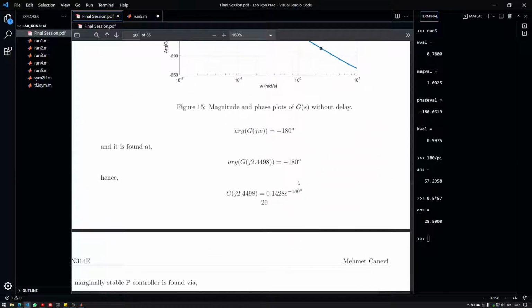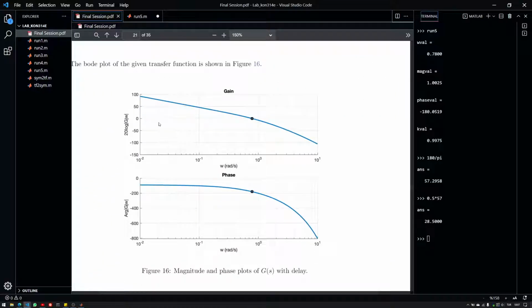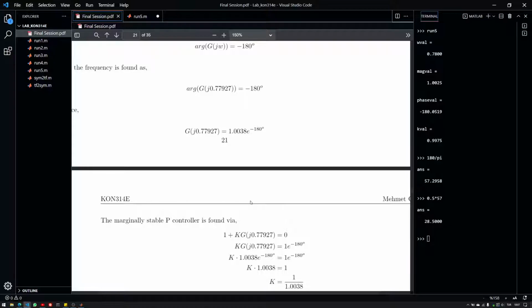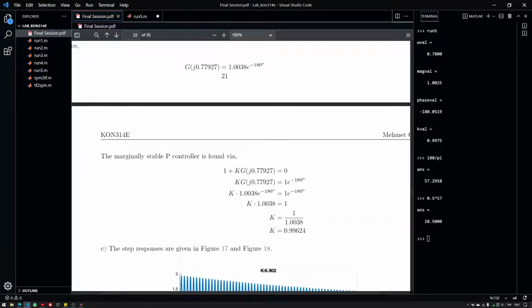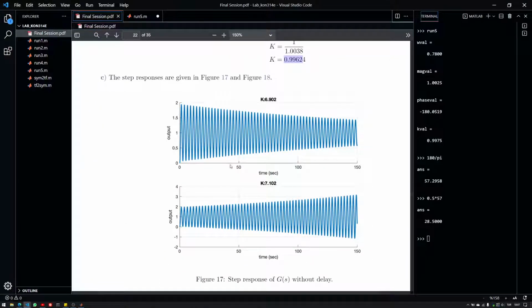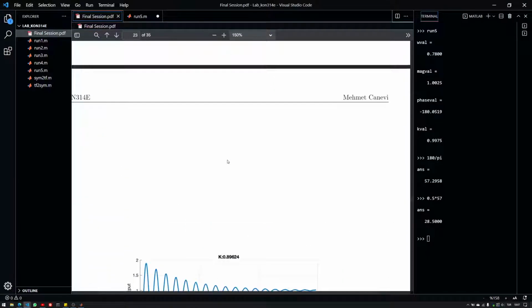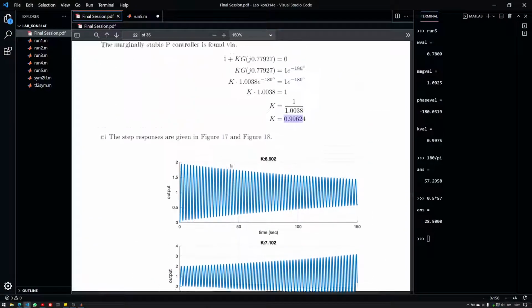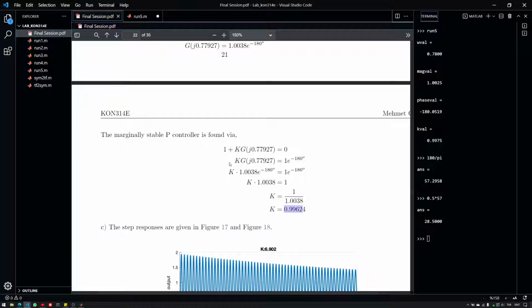So this is basically a zoomed version of this. And you can see now that the result here becomes 0.99621. So the step responses are compared here, and you can come to the conclusion that the Padé approximation, the root-locus method, does give an upper bound.